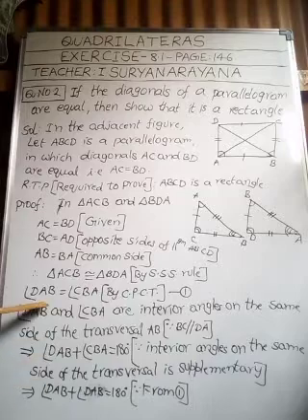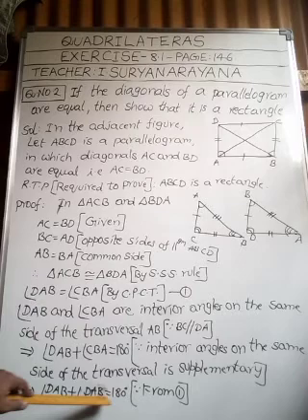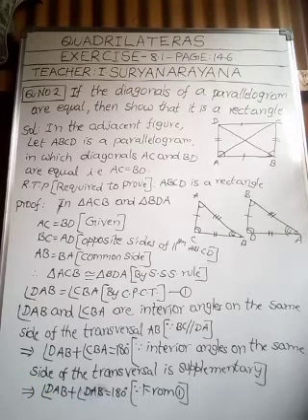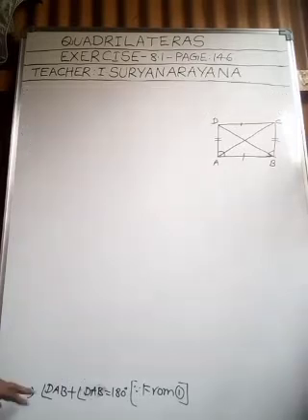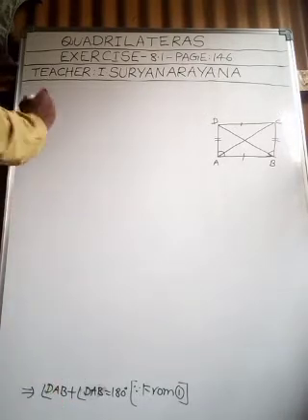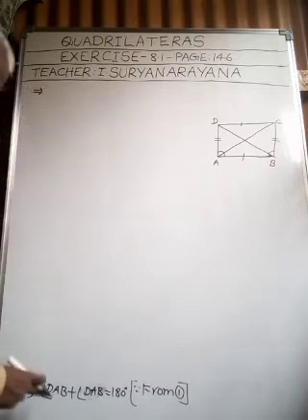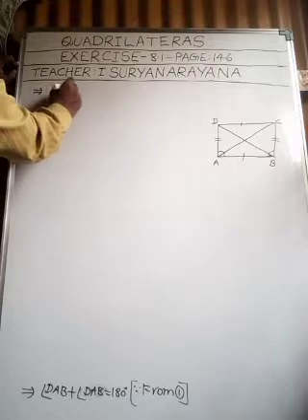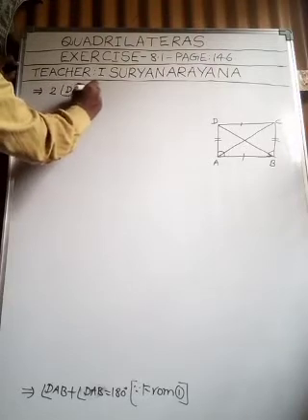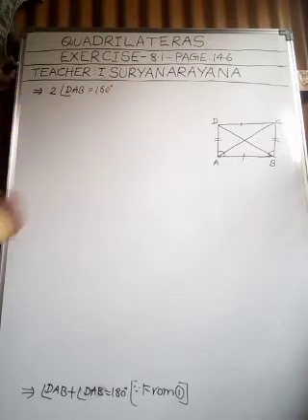From this result 1, angle DAB plus angle DAB is equal to 180 degrees. Understood this step? So 2 angle DAB is equal to 180 degrees.